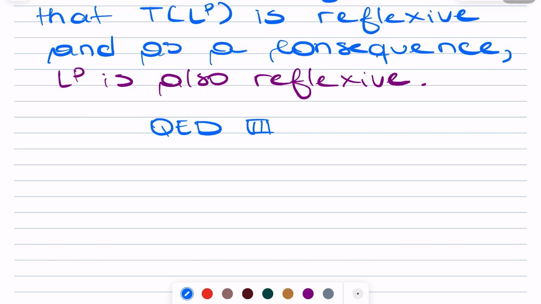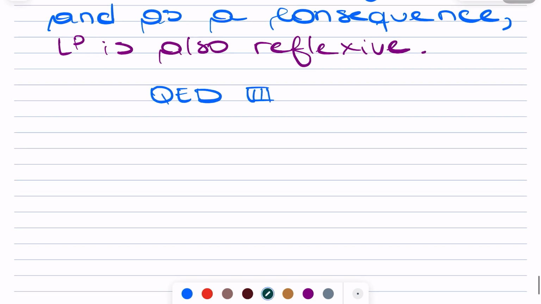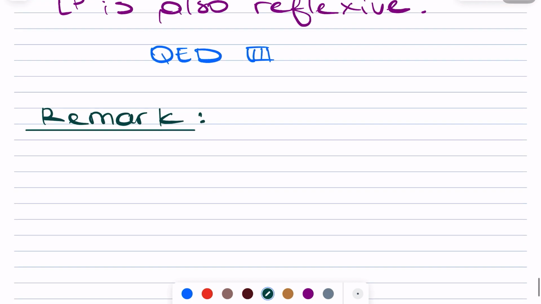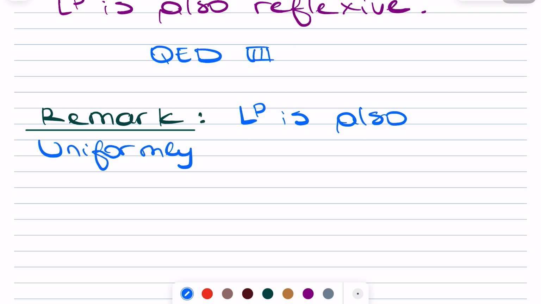So let me just take this remark. L^p is also uniformly convex, even for p between 1 and 2. So let me just write it. L^p is also uniformly convex for p between 1 and 2.